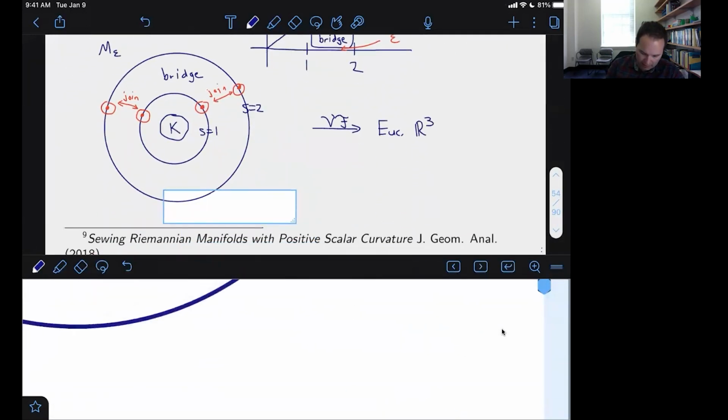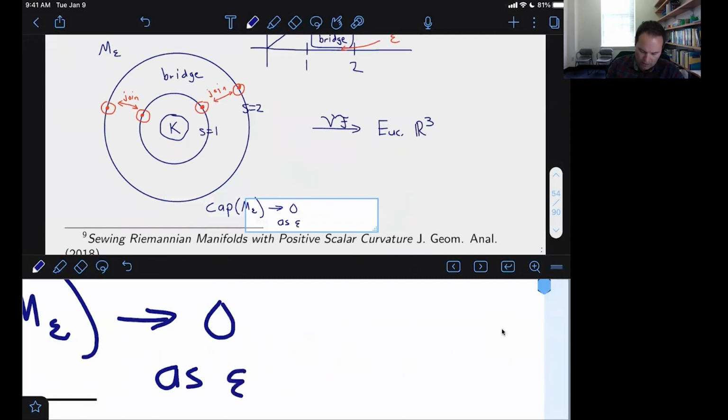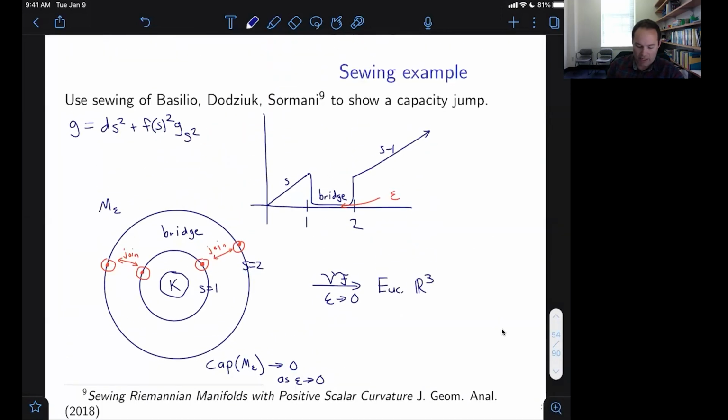So you want the capacity of m epsilon going to 0 as epsilon goes to 0. You want that to stay small. So as you do these necks, you have to make them very narrow so that you can still estimate the Dirichlet energy of a test function and get a smaller and smaller result.